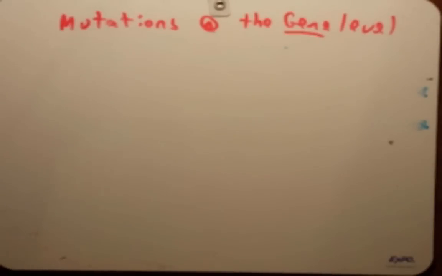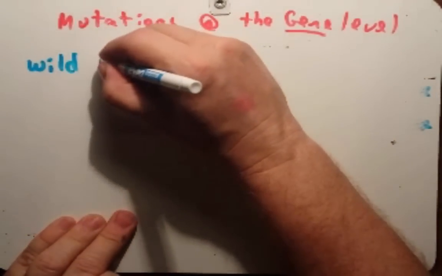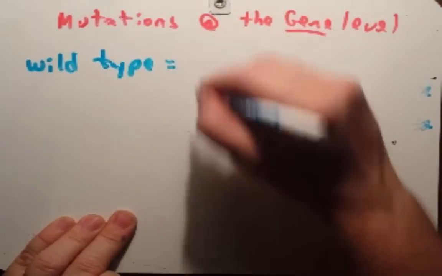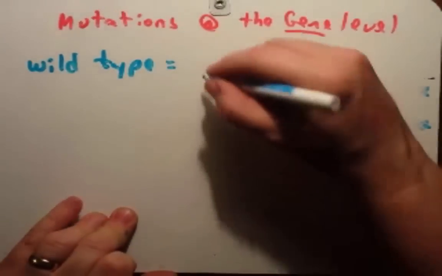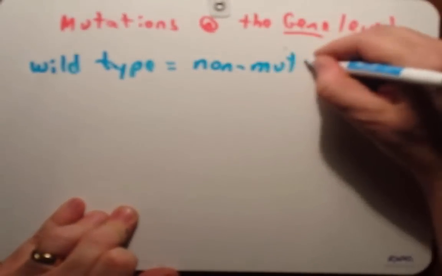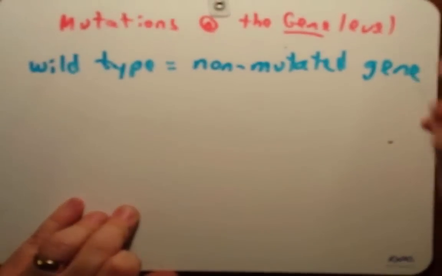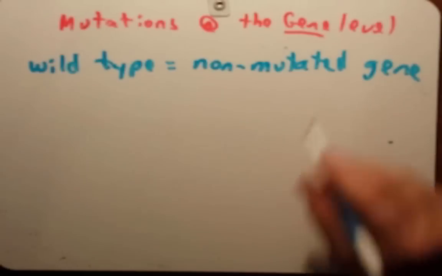And let's bring up some terms here. Often we use the term wild type. And when we use the term wild type, we mean it's a non-mutated gene. It doesn't mean we got it from the wild outside of the laboratory. It means it's the non-mutated gene.